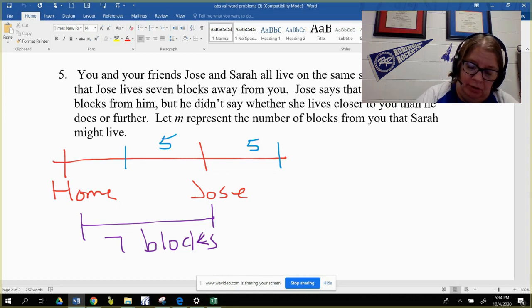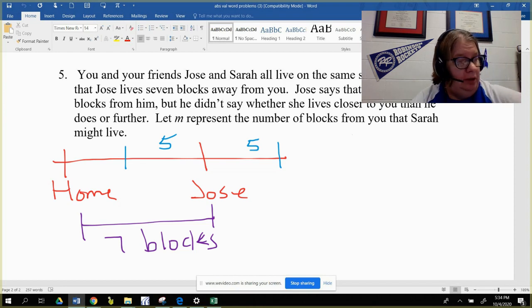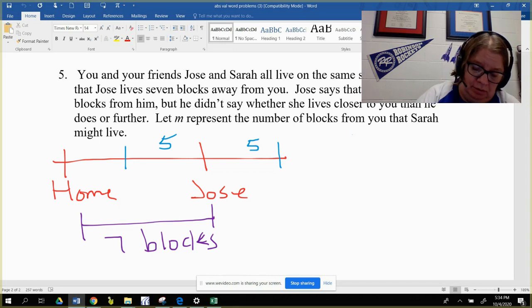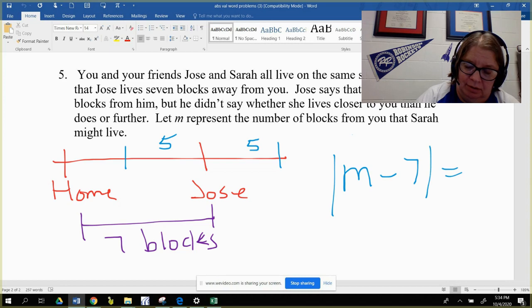Okay, so let's put the difference between the number of blocks that Sarah lives from you and the 7 is 5, right?